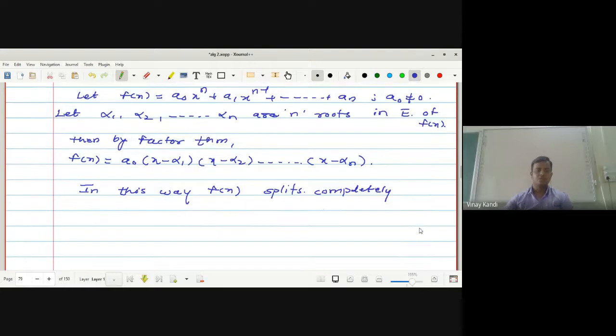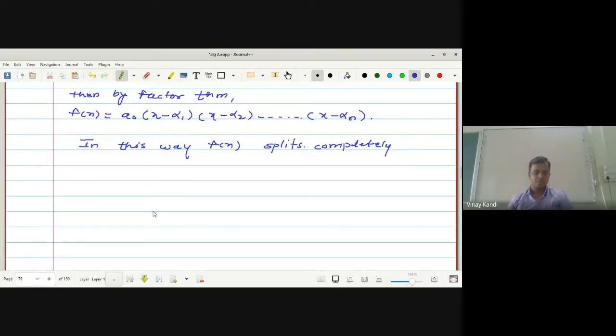So in this way this f of x completely splits over the field E as a product of first degree factors.